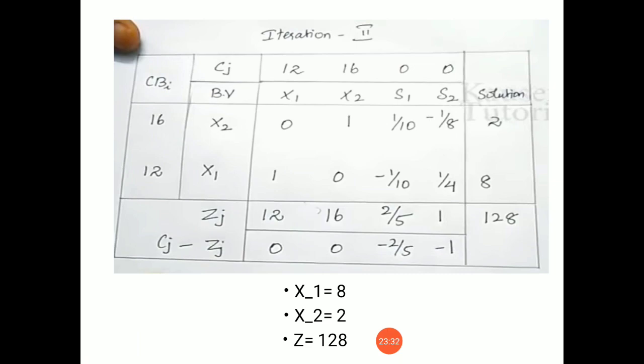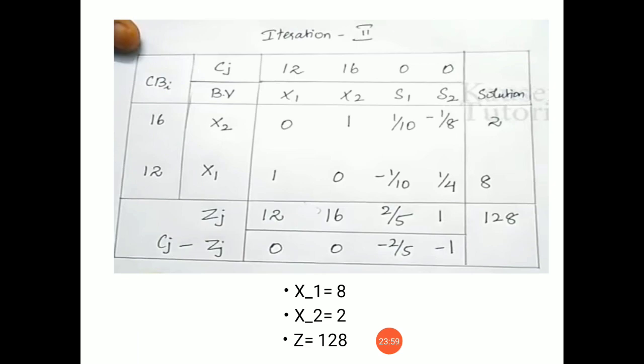Next step is finding Cj minus Zj. Cj is already 12, 16, 0, 0. Zj we know, 12, 16, 2 by 5, 1. So Cj minus Zj, first element is 12 minus 12, which is equal to 0. For the second element, Cj is 16 and Zj is 16, so 16 minus 16 is 0.